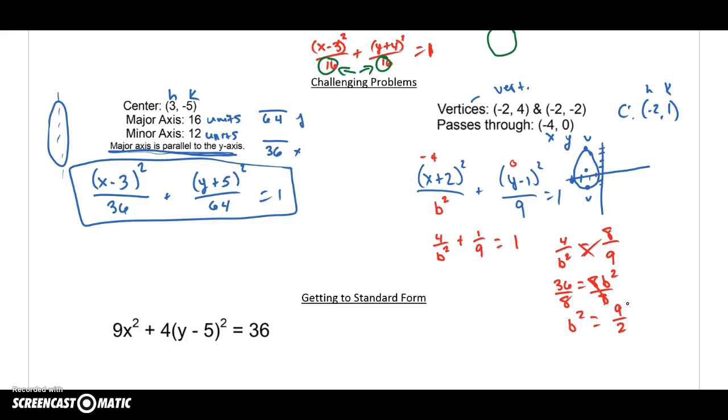All I care about is b squared because my denominator here is b squared, right? So there's my b squared value. So let's put this all together. I'm going to have x plus 2 squared over 9/2 plus y minus 1 squared over 9, and that is equal to 1.